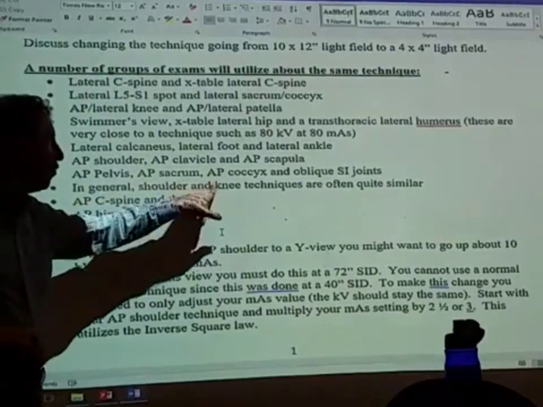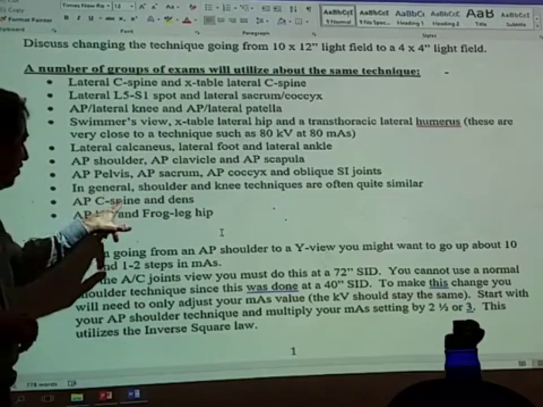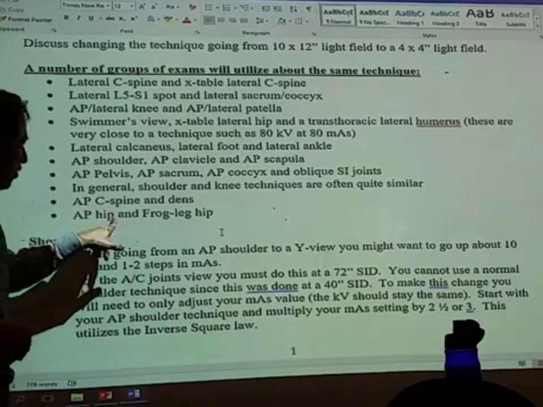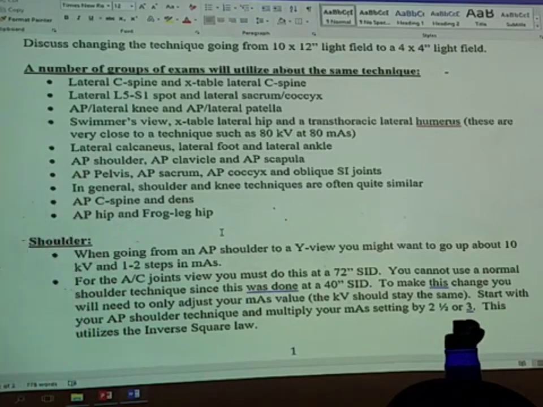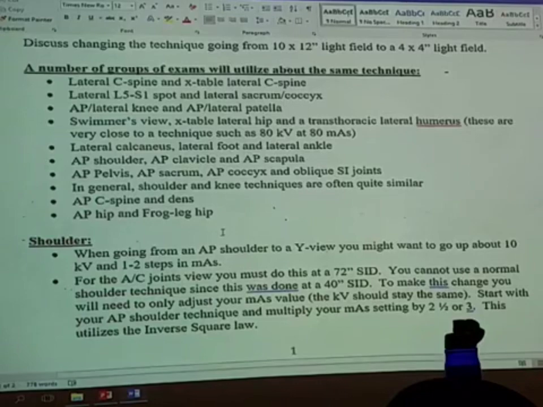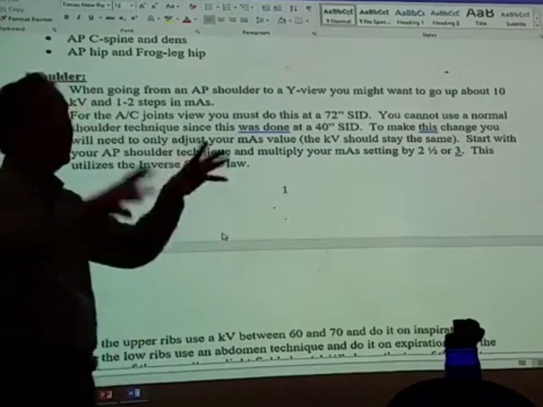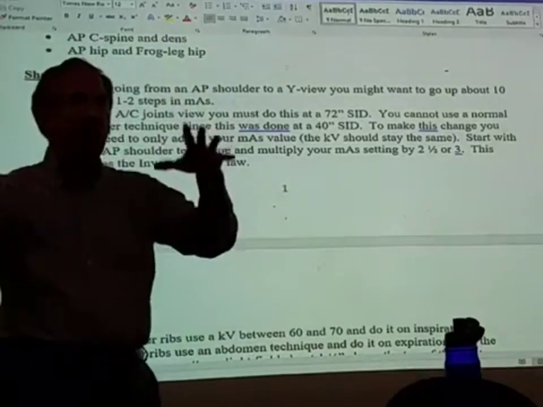In general, shoulder and knee techniques are pretty similar, okay? I found that the AP C-spine and even the dens, it's not going to vary that much, okay? Even when you go from an AP hip to a frog hip, it's really about the same, all right? So when people have asked like for a wide view, and again, these are just suggestions. Your place may shoot a little bit hotter or lighter.